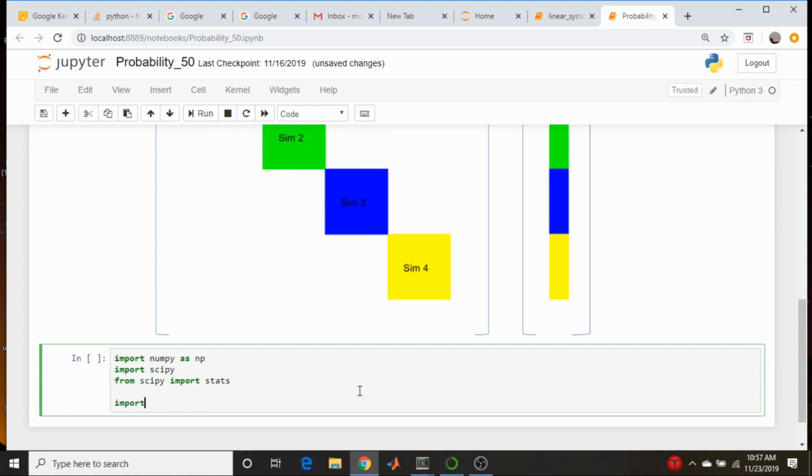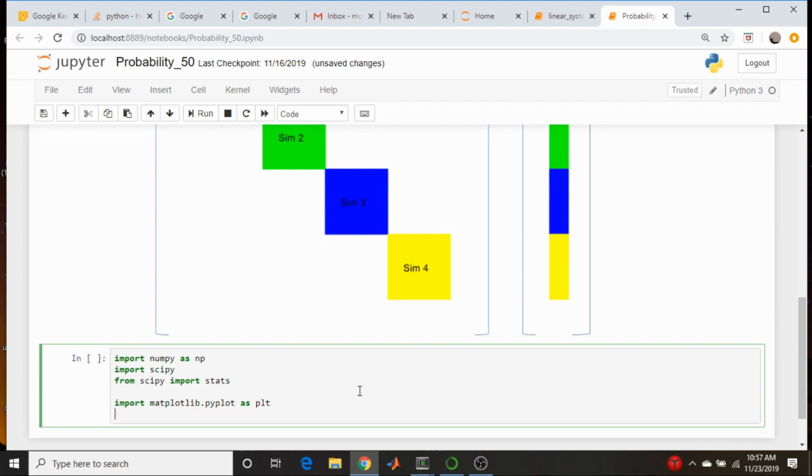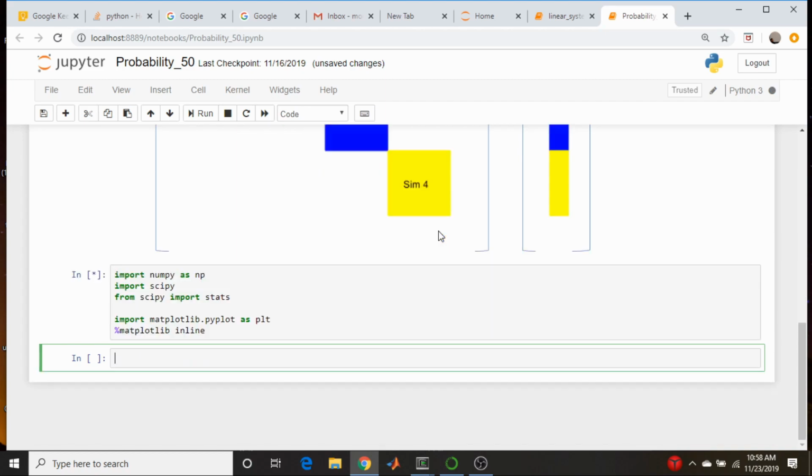So import matplotlib pyplot as plt. And then we need the matplotlib inline. Okay, let's run that.